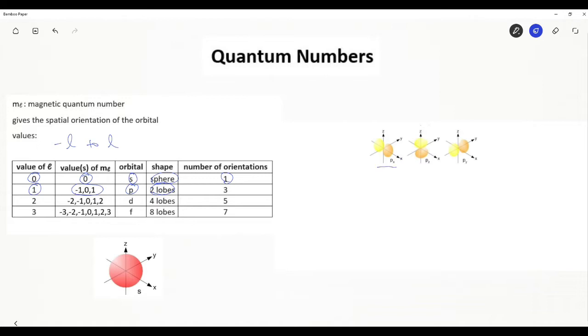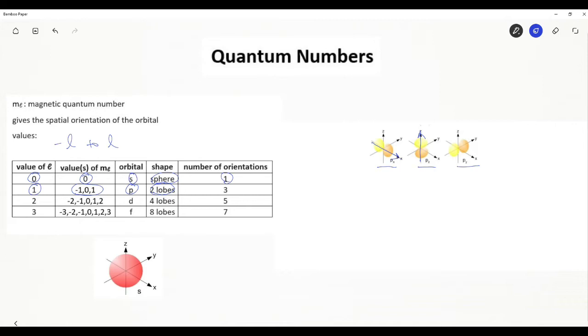We have px, pz, and py. Of course, the x, z, and y simply refer to how the lobes are oriented in space. You can see for the px, the lobes are oriented on the x-axis, as opposed to the pz here, where the lobes are oriented on the z-axis. So the p orbitals have 3 different orientations depending on how they're rotated in space.